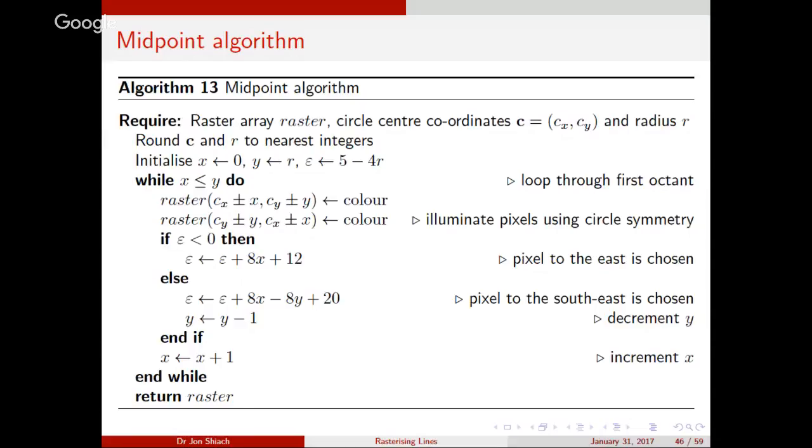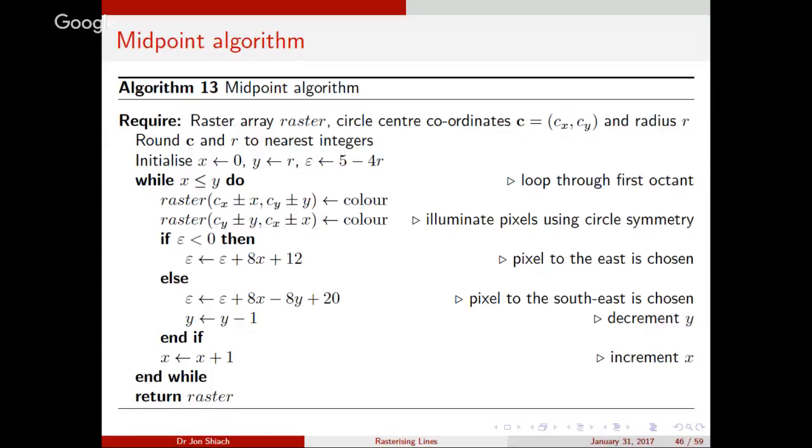Now I'm going to use circle symmetry. So it was centre plus x, which is 0, centre minus x, which is 0, so that's my 2, 1. Then I'm going to flip x and y around. So I'm going to have centre plus 9 in the x direction, centre plus 0 in the y direction. So that means I go across 1, 2, 3, 4, 5, 6, 7, 8, 9.